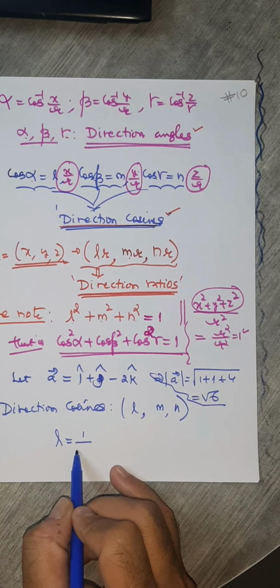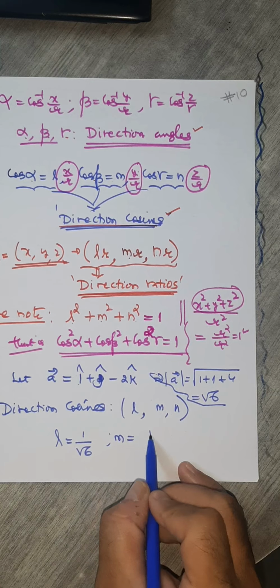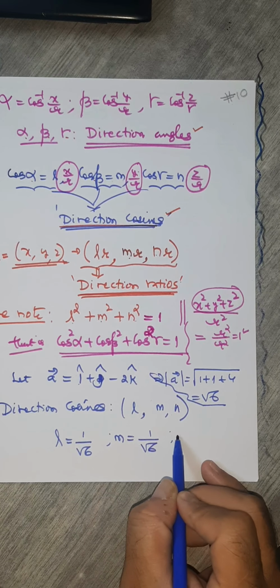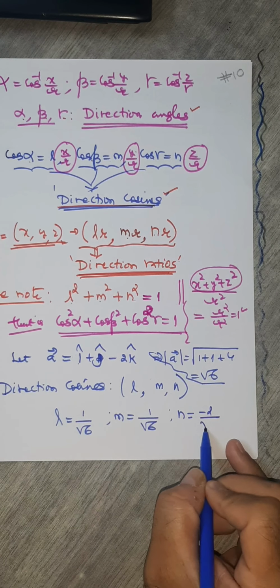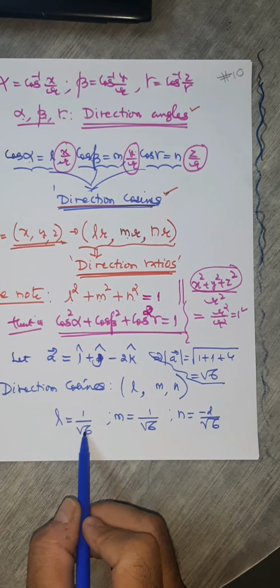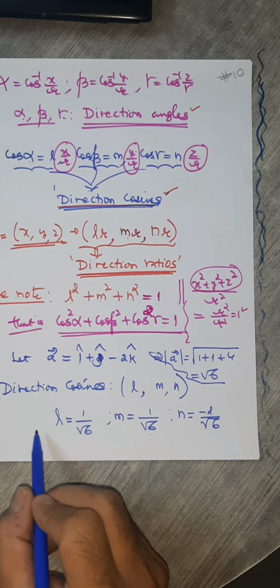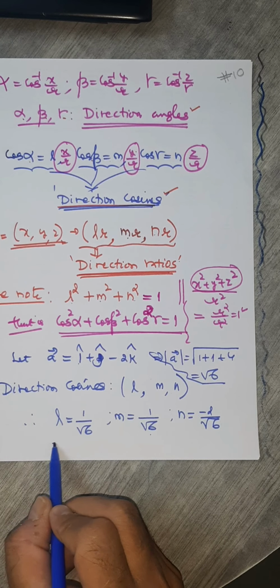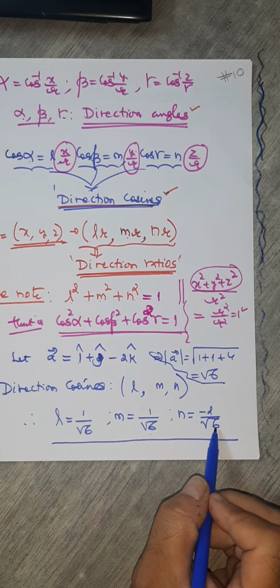So you have 1 by root 6. m is the second component upon root 6, and n is the third component upon root 6. x upon r, y upon r and z upon r. So the direction cosines are 1 by root 6, 1 by root 6, minus 2 by root 6.